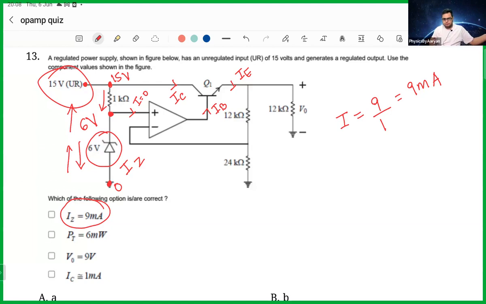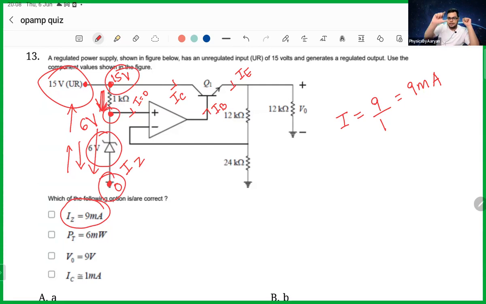Okay, sure. So this thing is 15 volt because this is 15. So 15 volt is here. Then the current goes down. Whatever current goes in this resistor, the same current goes to the diode, because no current can enter the op-amp. So if the current goes down, the voltage across the diode is 6 volt and this thing is 0 volt, which means this thing is 6 volt.